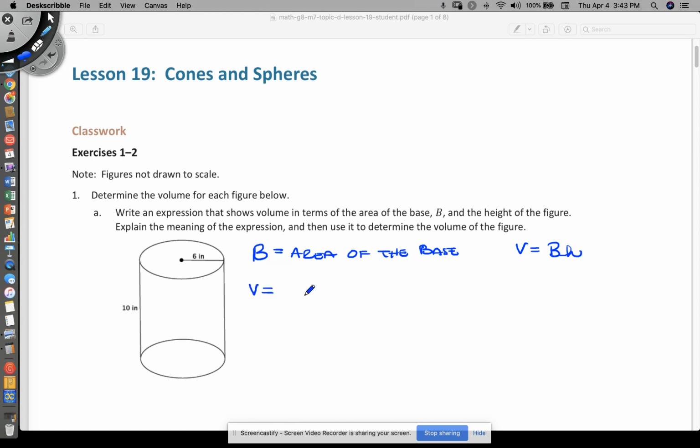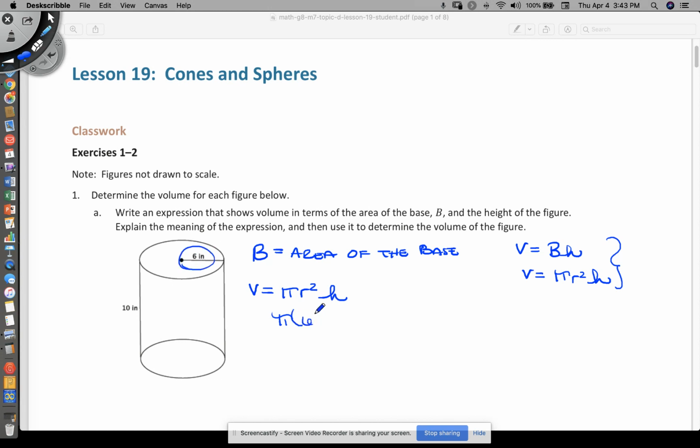Volume equals, now the area would be pi r squared. That right there is my big B. So you could also say that your formula is volume equals pi r squared h. These are the exact same thing. All right, so now I'm going to put my h there. Pi, now my r is 6.